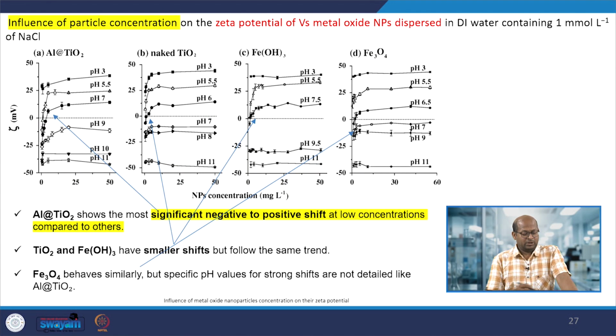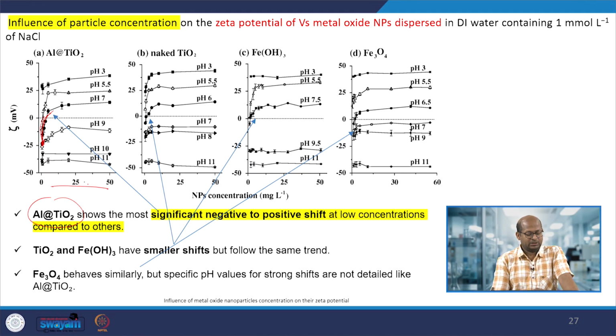Okay, similarly another factor that influences it is particle concentration, which is very important. If we increase the concentration of particles in the solution, the zeta potential will also vary. Here you can see the zeta potential initially was extremely high negative for a low concentrated solution.